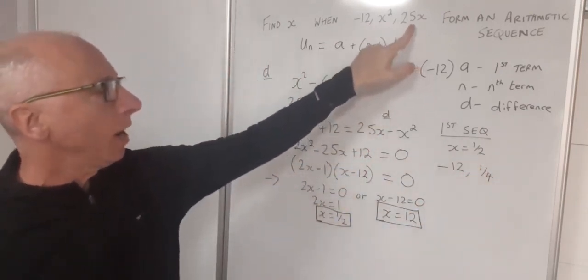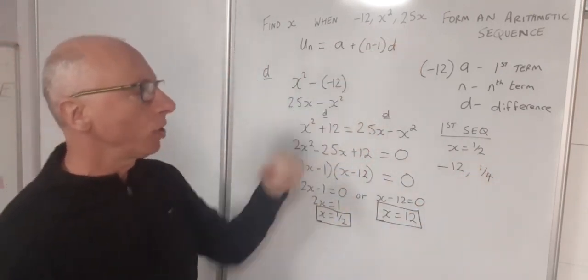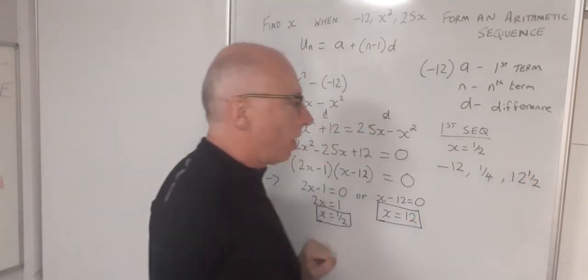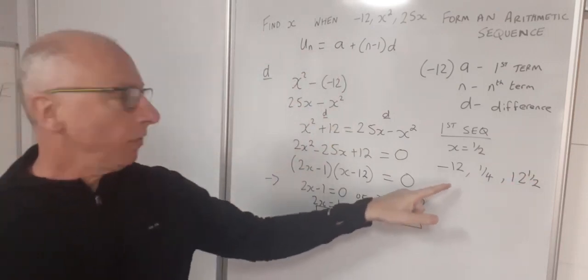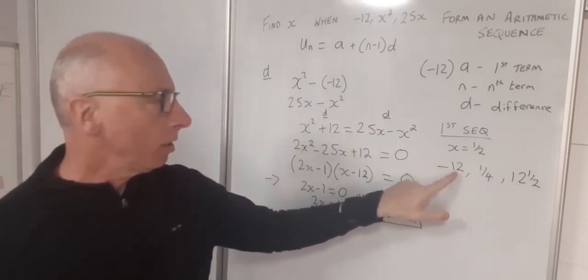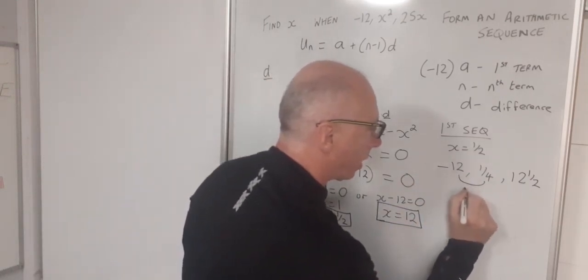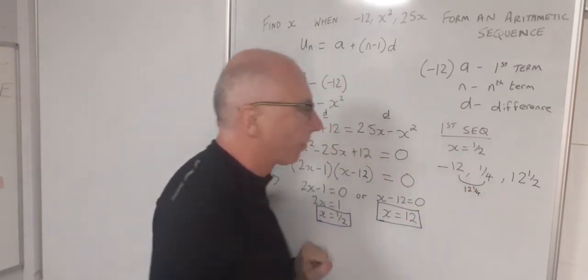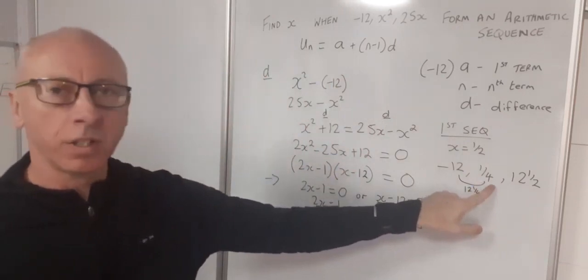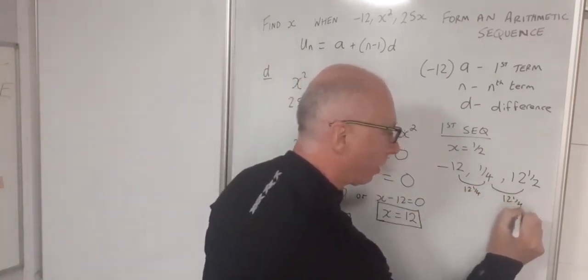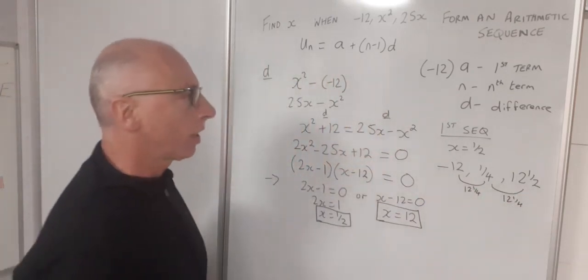And 25x, which is 25 over 2, which is 12 and a half. Okay, let's see if this works out. Let's see what the difference is here. Minus 12 to a quarter, that difference is 12 and a quarter. Then add 12 and a quarter onto this quarter, I get 12 and a half. So we can verify that that one's okay.